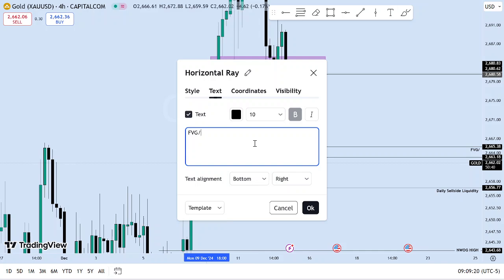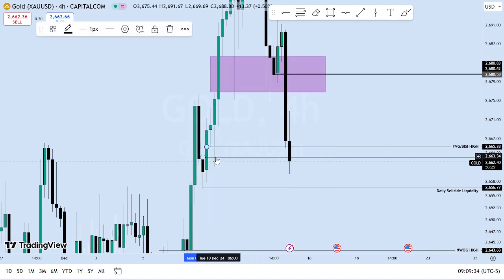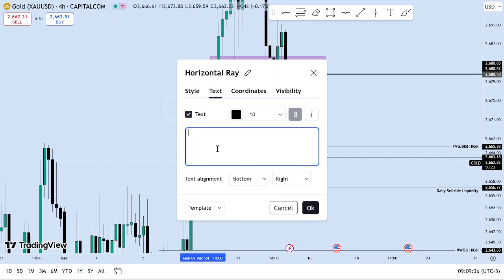To identify a fair value gap, BC: buy side inefficiency, sell side imbalance. The low, sorry, BC, low.